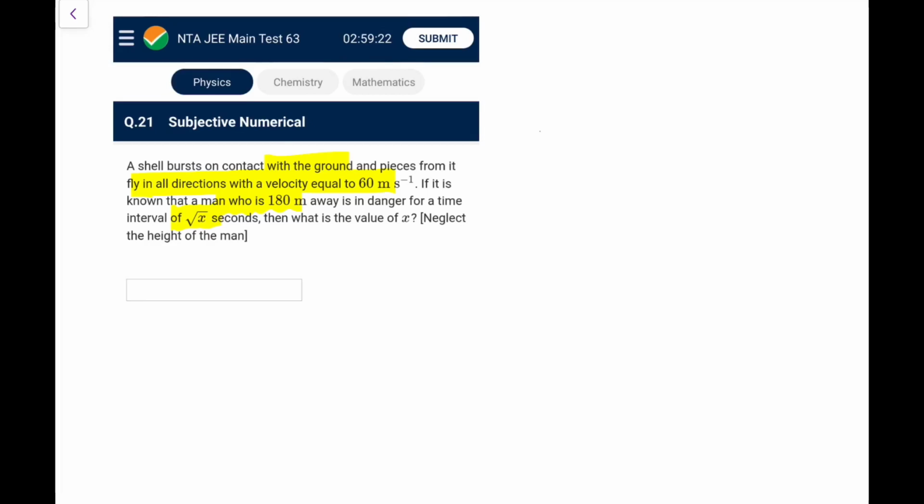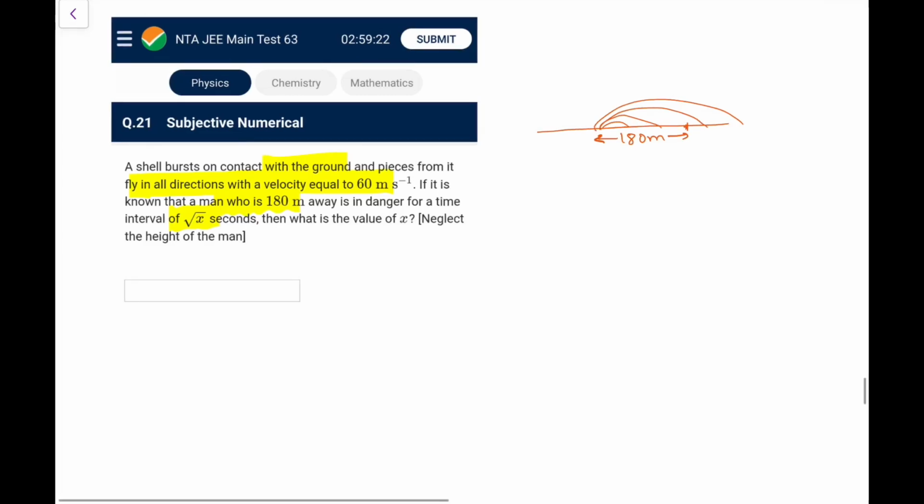So whenever pieces fly in all possible directions, the ranges will be different. So we need to find out what is the value of theta for which this range is 180. So for all the thetas for which range is greater than 180, he will be definitely at risk, or just at 181 we can determine. So first of all, R is 180, you can write it as u square sine 2 theta by g.